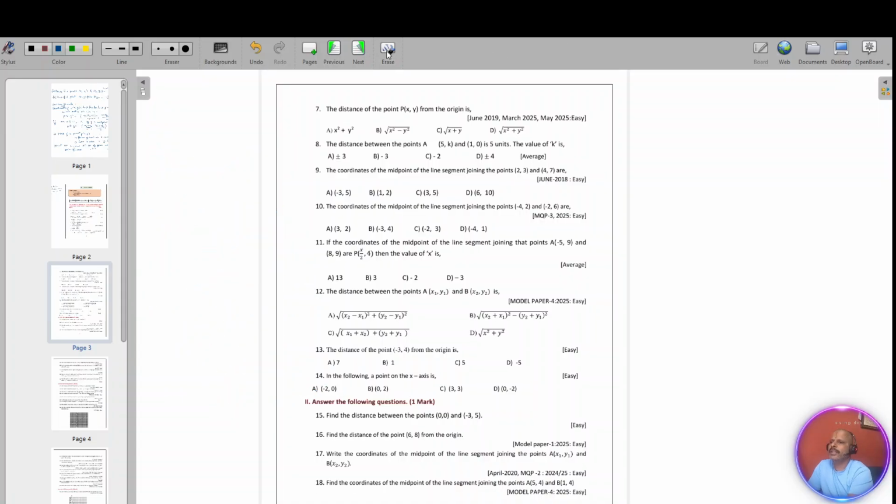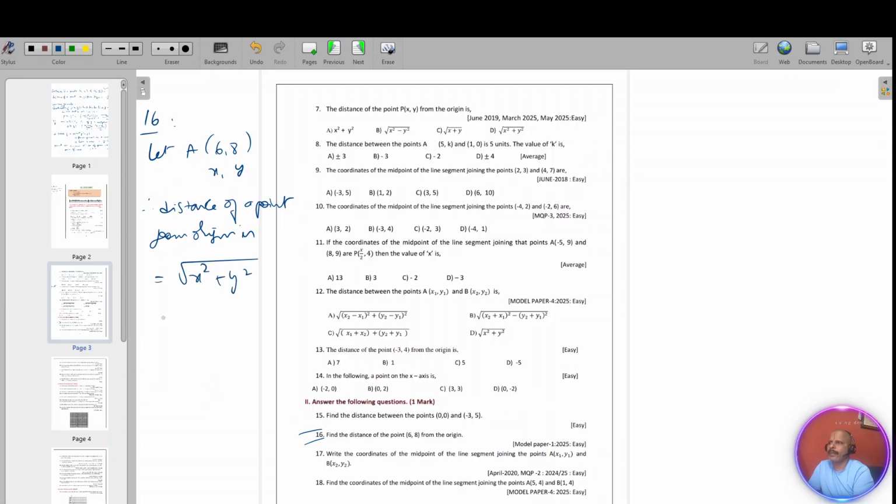Okay, we'll see the next question, the 16th one. See, the distance of the point from the origin. Now you have to apply that formula. Let A be (6, 8), which is x, y. Therefore, the formula: distance of a point from the origin is the square root of x square plus y square.